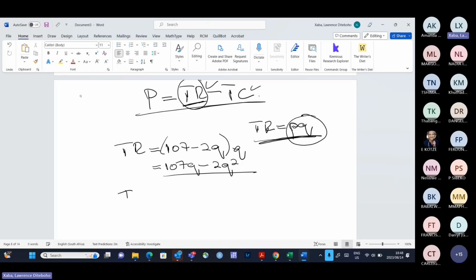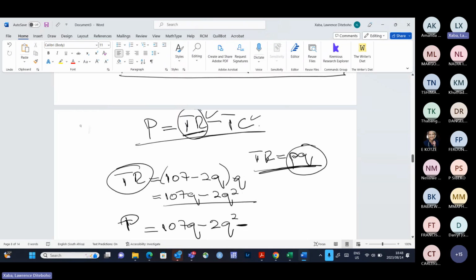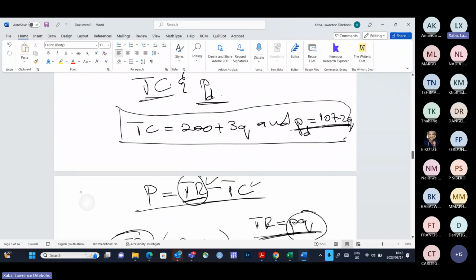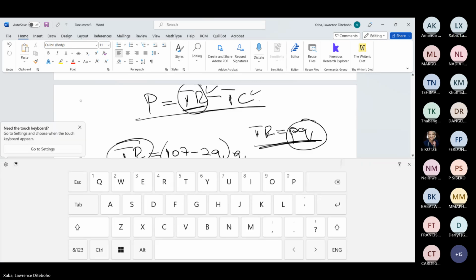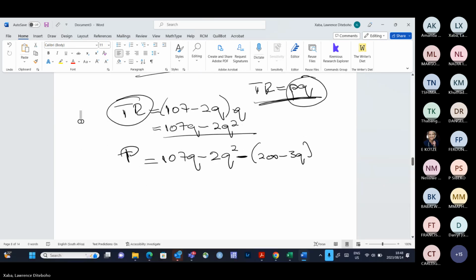So what do we do? We say P equals TR, which is 107Q minus 2Q squared, minus. So we go to the equation of TC. TC is 200 plus 3Q. So we open the brackets, 200 minus 3Q. Okay. So what do we do now? We are trying to simplify this part.